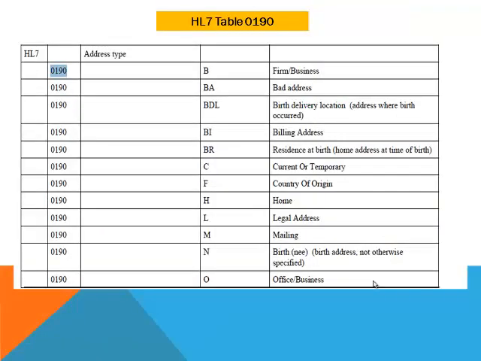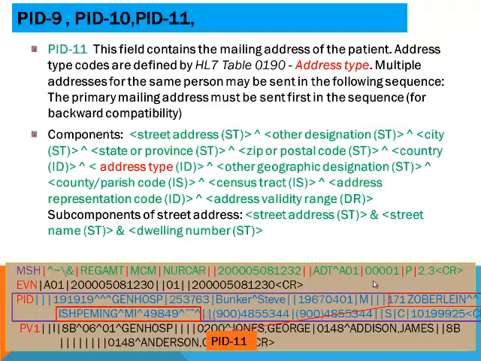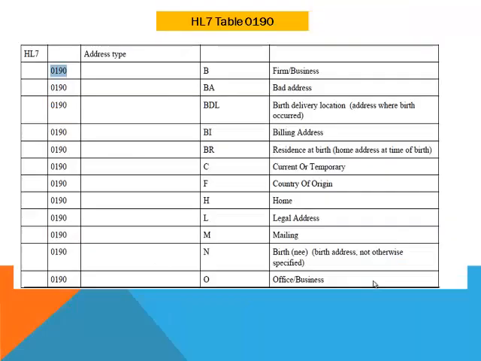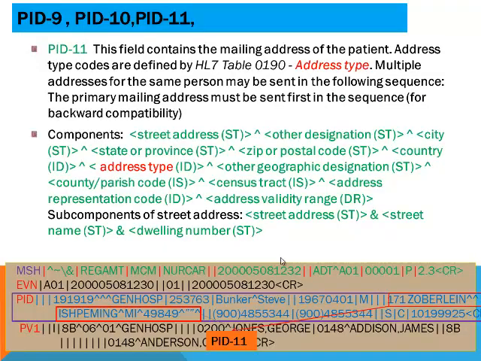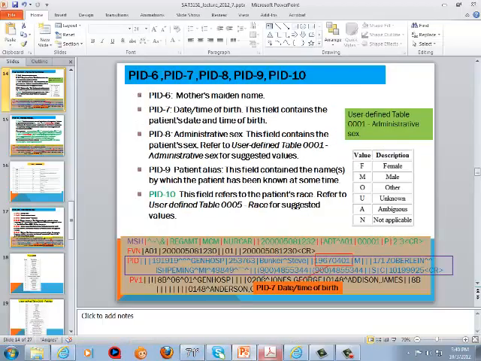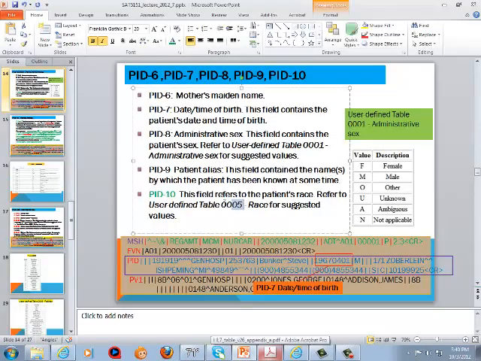Let's see, I think I put a table here. PID10 uses table 0005. Where did I find it, 0005. We can go to the PDF file to find these items.